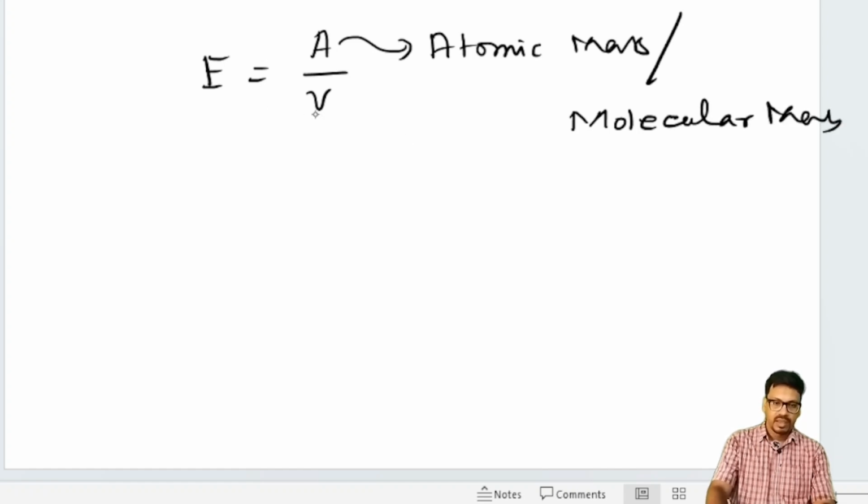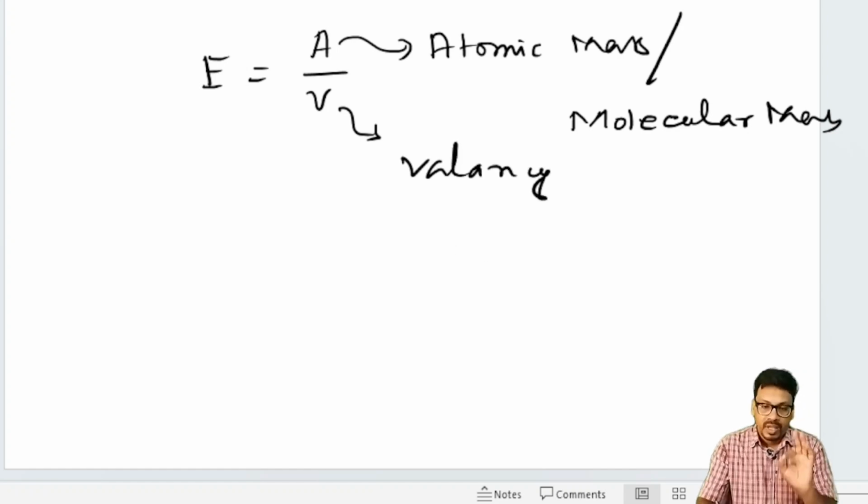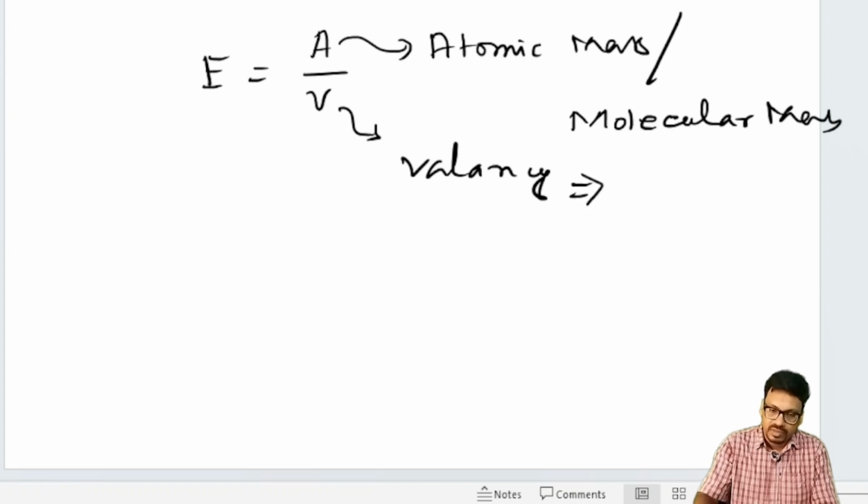Clear? And V is the valency. Clear? Nowadays the valency term is replaced by the number of electron transfer.